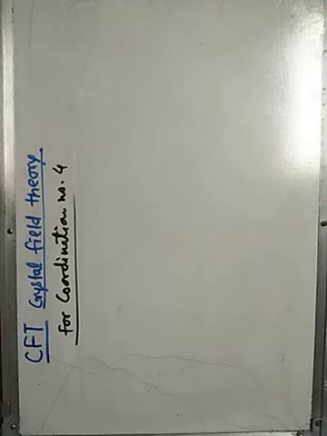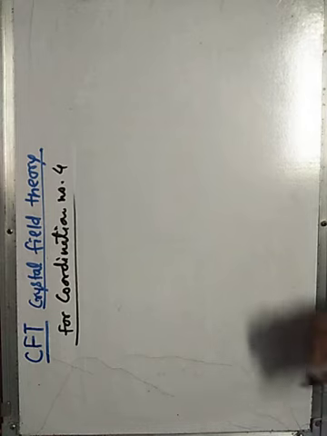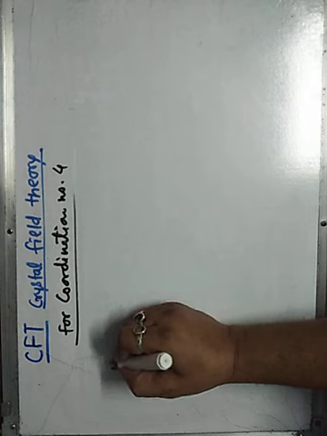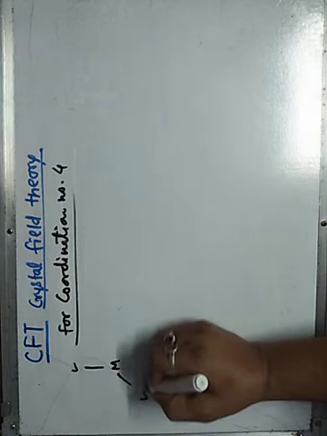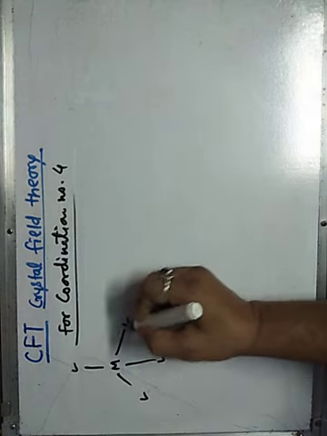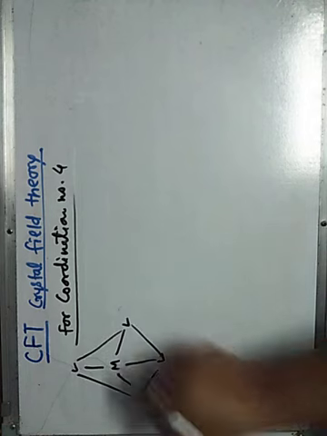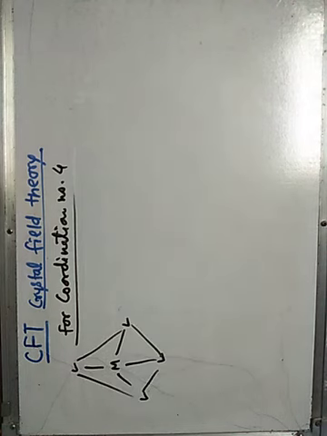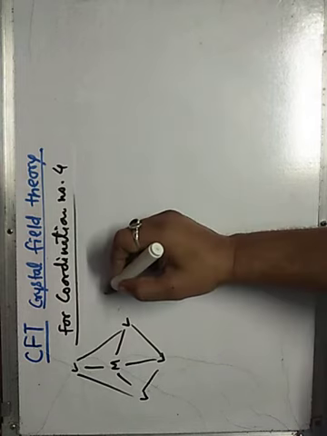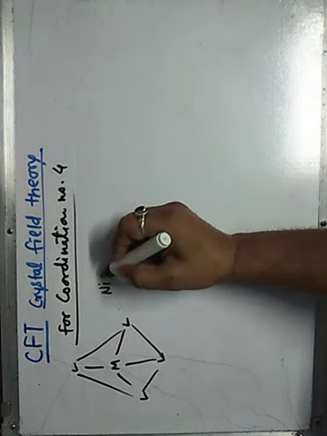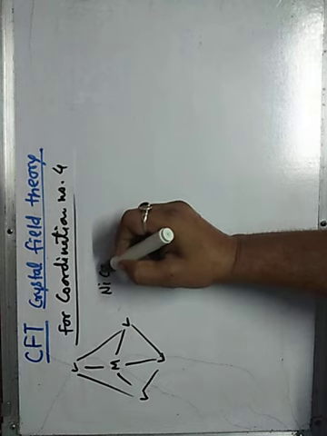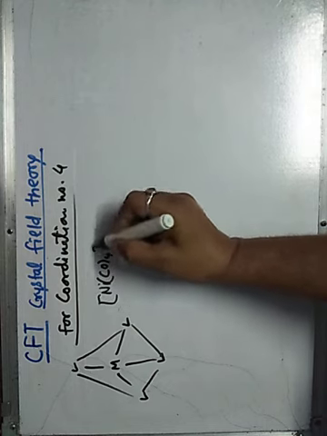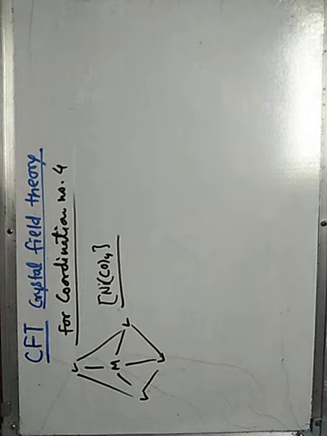Well, we have the tetrahedral construction. The tetrahedral construction is this: the central metal ion, ligands are here. An example of this is NiCO4, right?